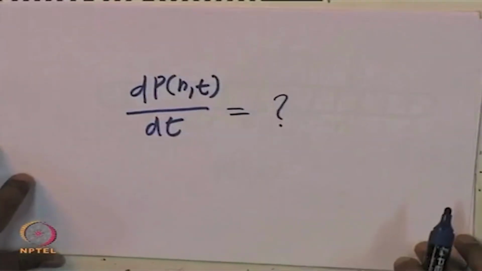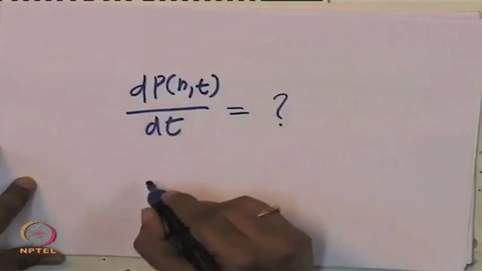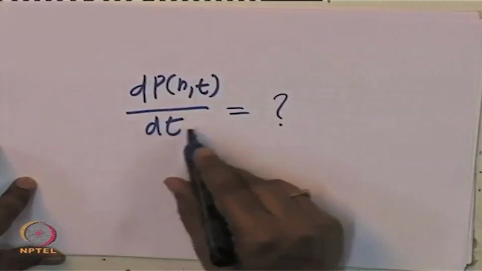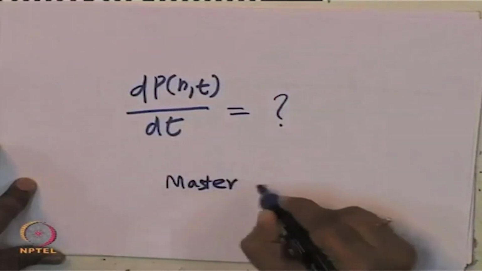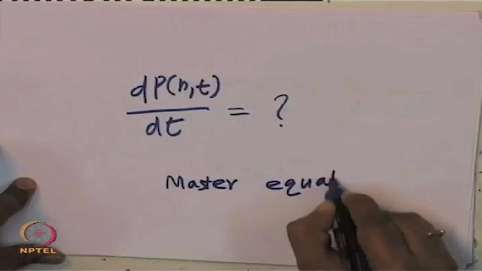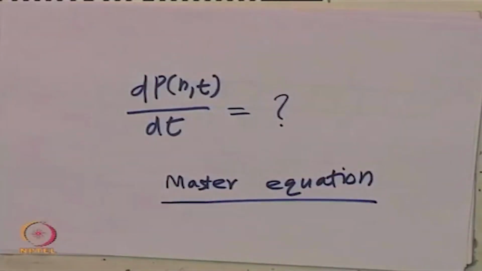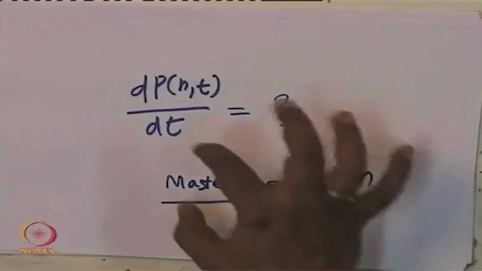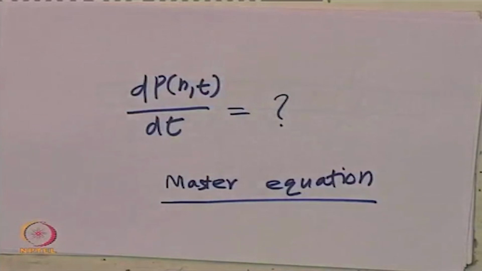This equation for the change in probability, dP by dt, is called the master equation. If you write the equation for probability, typically it is called the master equation. So, this is what we will discuss: master equations are typically equations for probabilities. We will write how this probability changes with time.